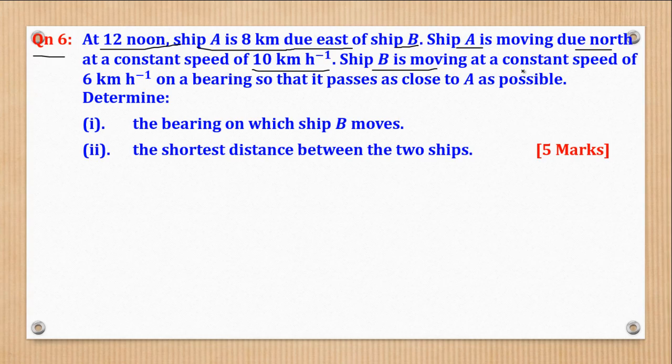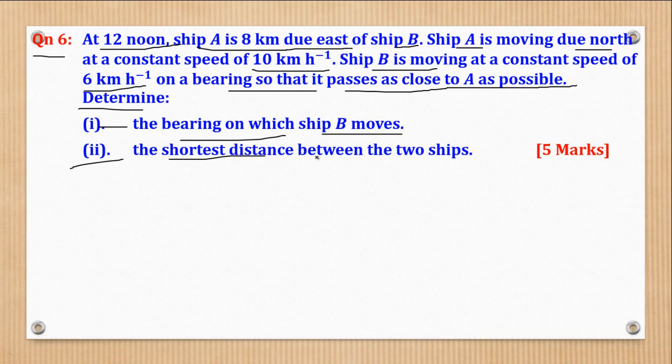Ship B is moving at a constant speed of 6 kilometers per hour on a bearing so that it passes as close as possible to A. So that means the question is under closest approach. Determine, one, the bearing on which ship B moves. Two, the shortest distance between the two ships.